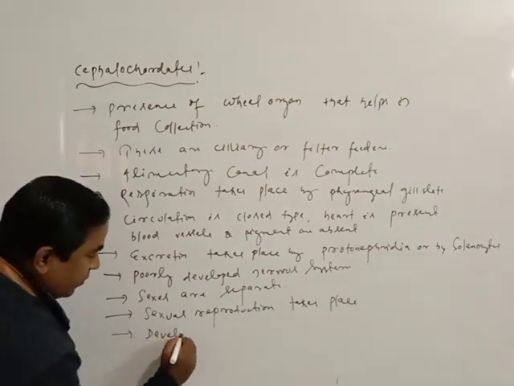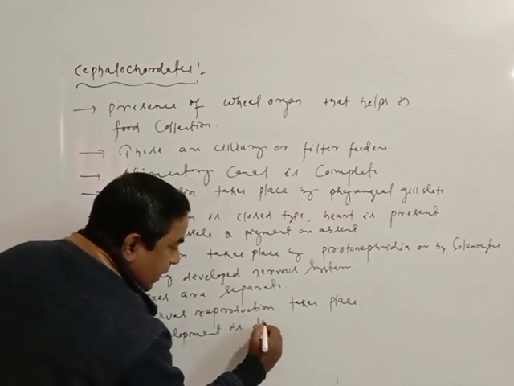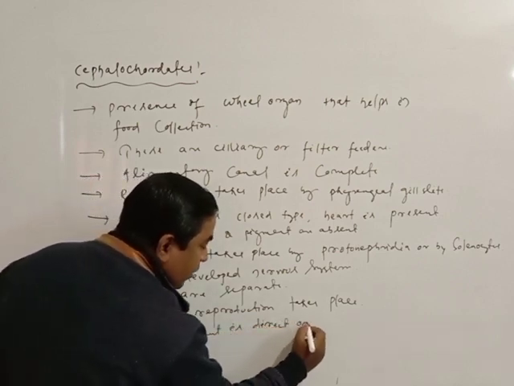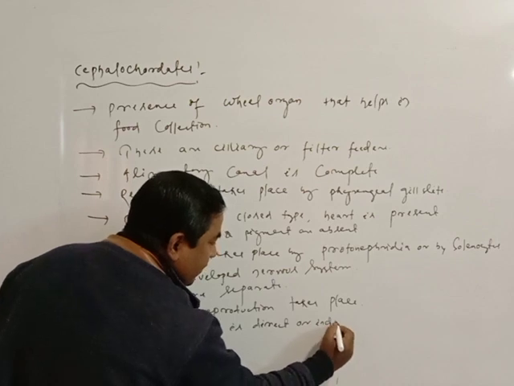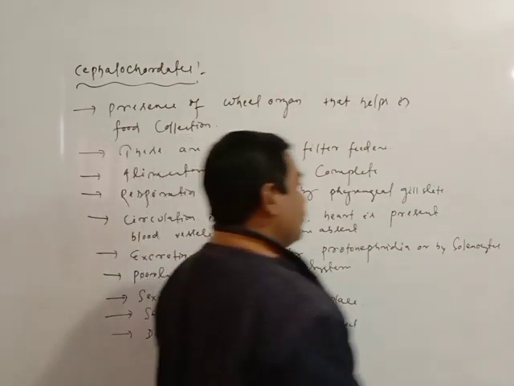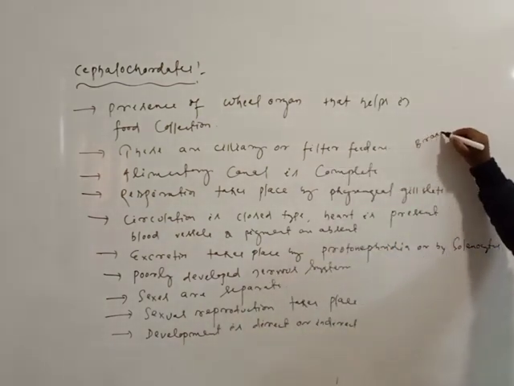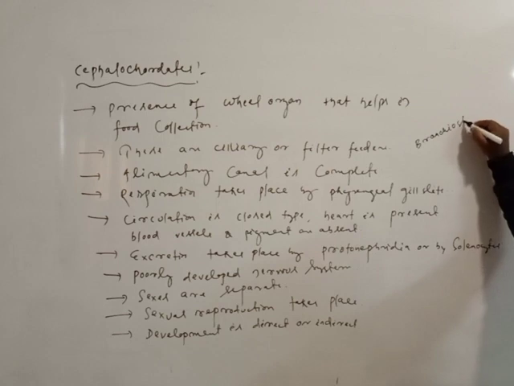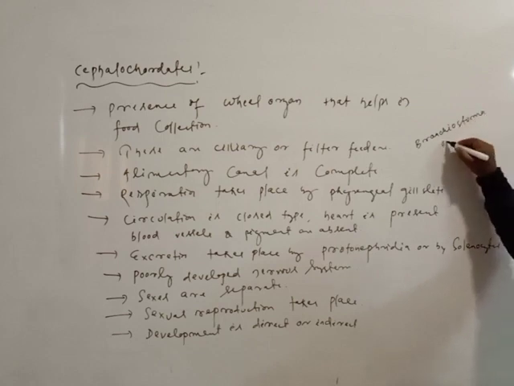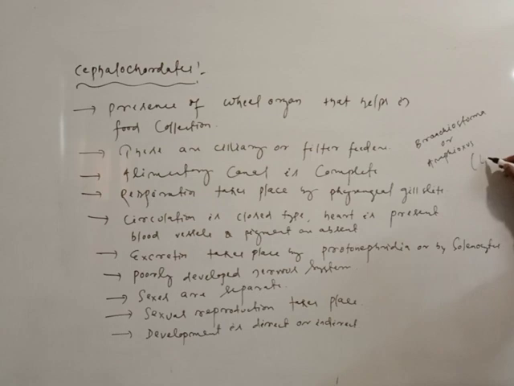Development is direct or indirect. Common members include Branchiostoma, or amphioxus, also called the lancelet.